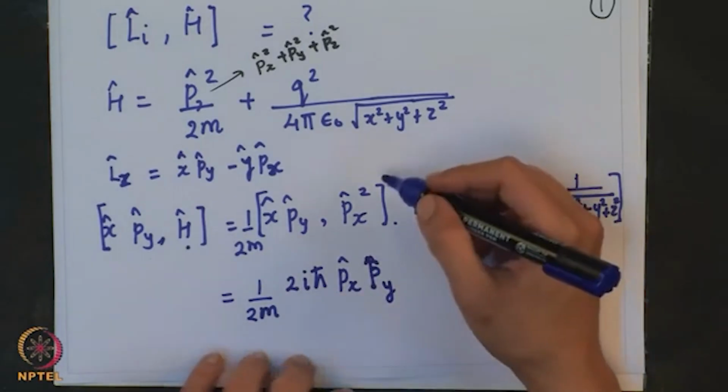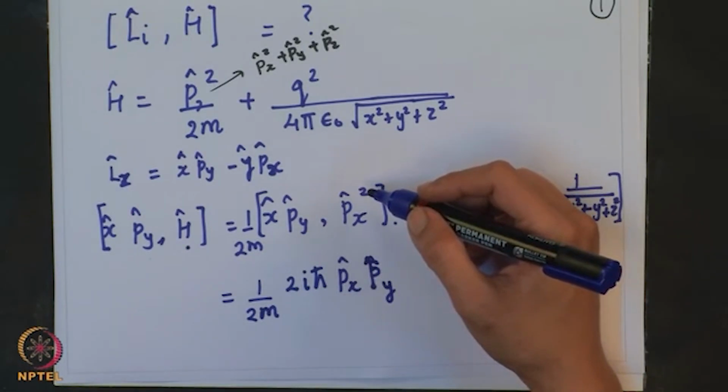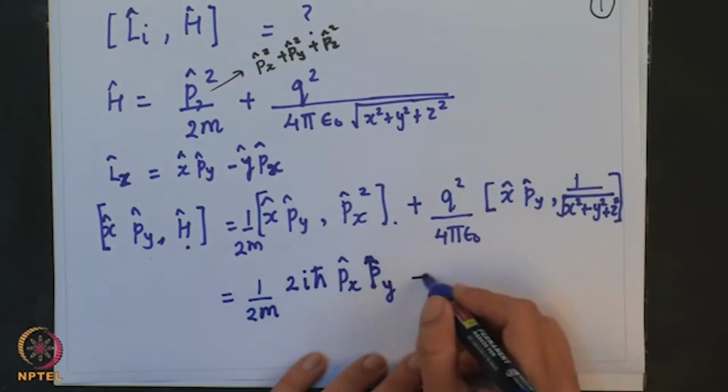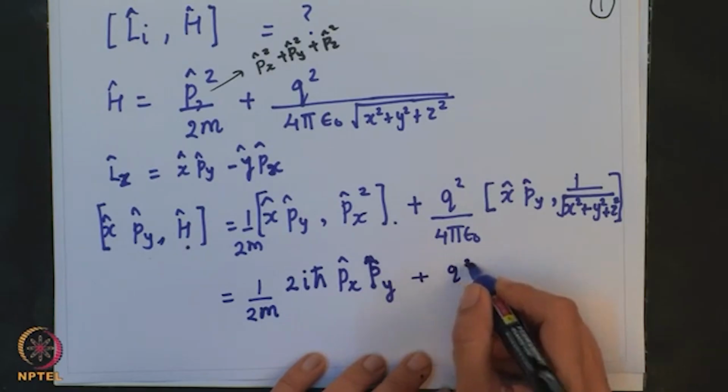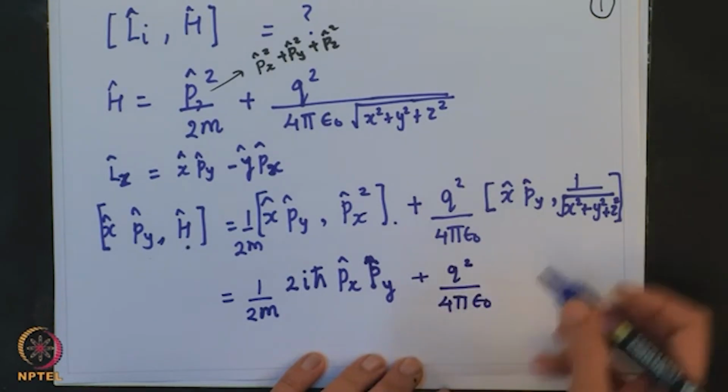So, the first term is very simple to evaluate. You have a commutator of x and p, position and momentum, which we very well know now. Second term is q square upon 4 pi epsilon naught.